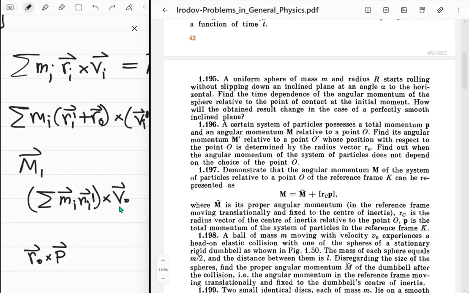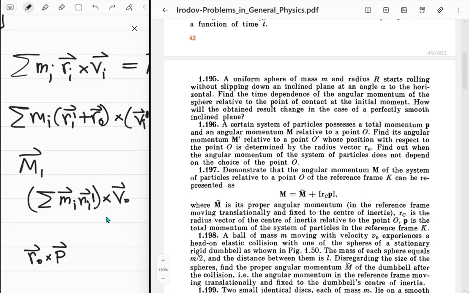Yeah, that's making sense though. Now that's making sense. Yes. And wait, what do you want? So it will actually depend on r naught vector, even if this somehow becomes a nice quantity, unless of course P vector is also along r naught vector.